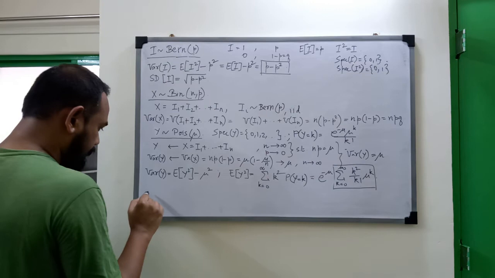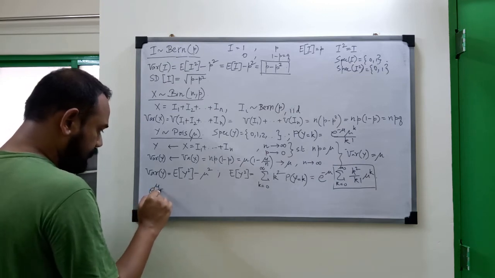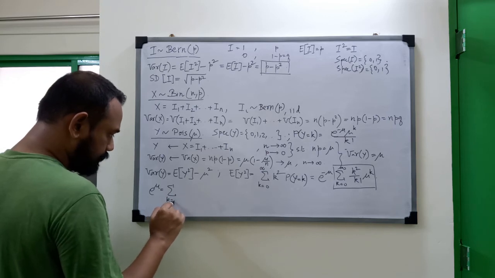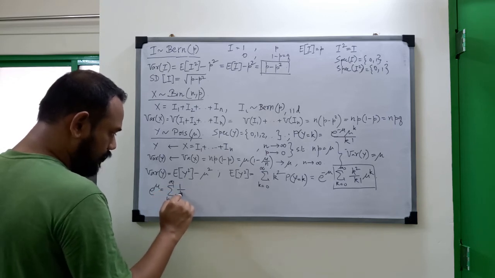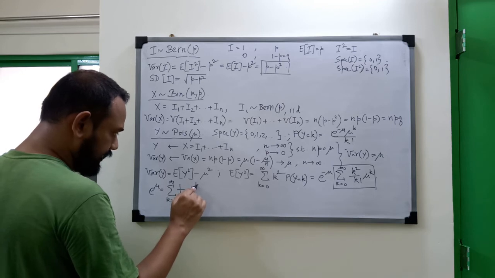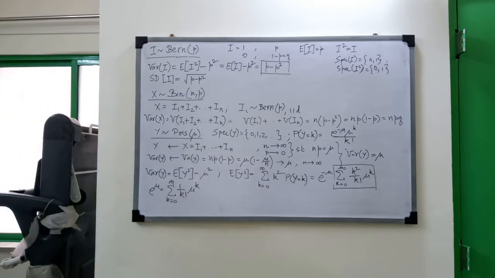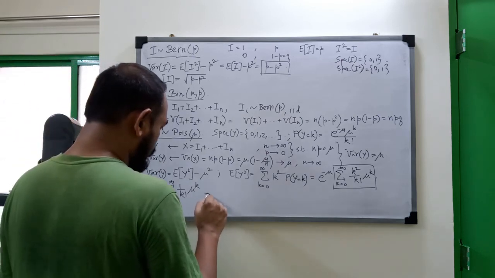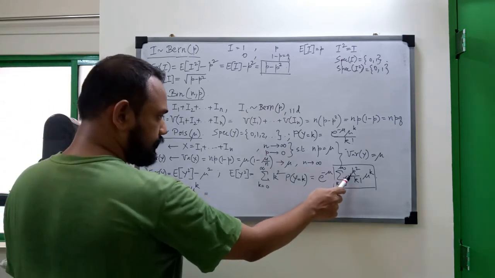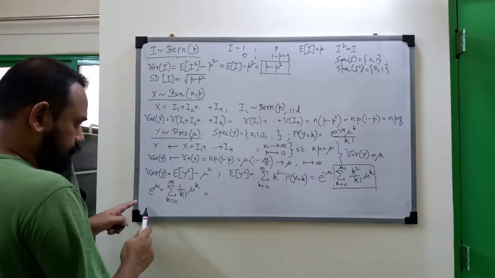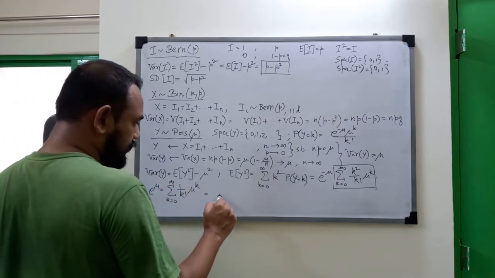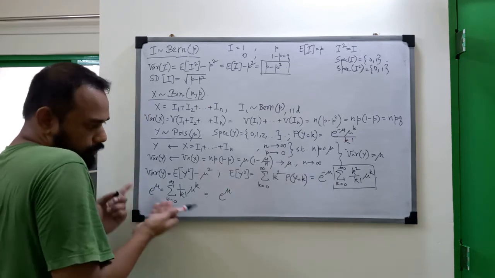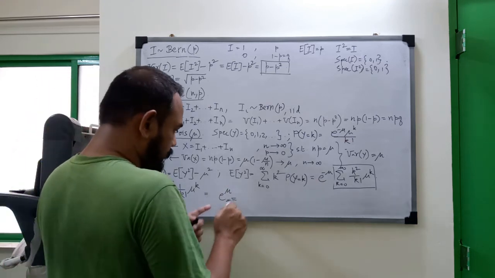Well, we know one thing. e to the mu is the summation over k from 0 to infinity of 1 over k factorial mu to the k. That's a standard formula for the exponential of mu. Now, I need k's here, so I need to differentiate both sides with respect to mu. If I differentiate e to the mu with respect to mu, I get e to the mu itself.